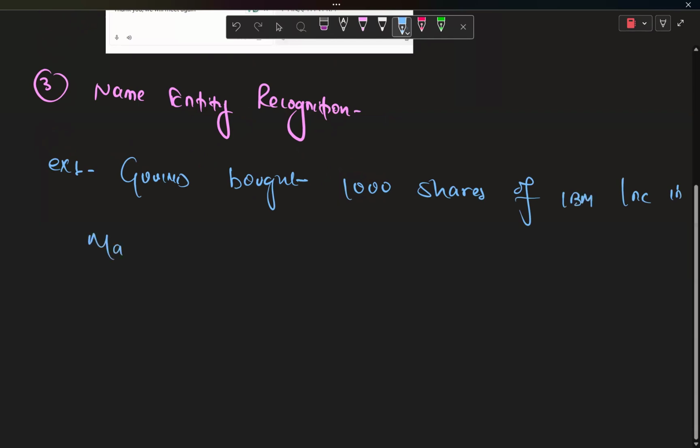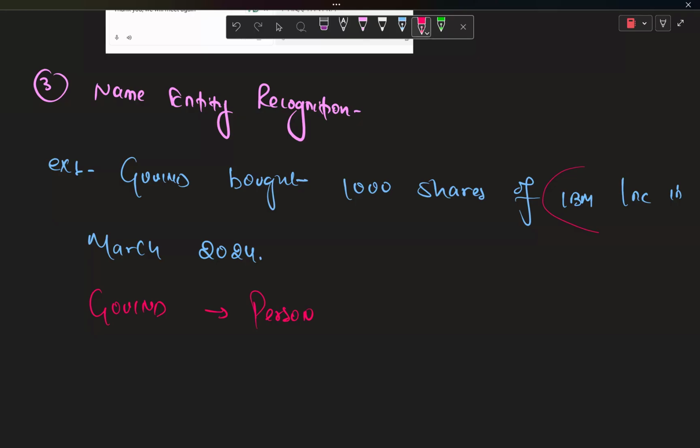So here, if I find some relevant information, Govind is the person name, then IBM Inc. is the company or organization name, and then March 2024 is the time.